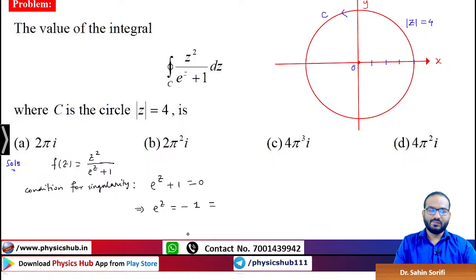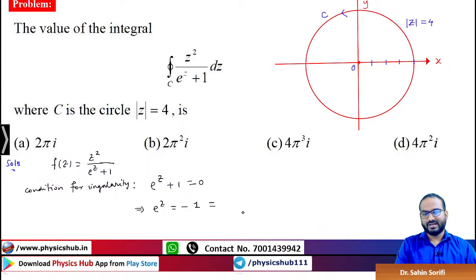For what value is e to the power z minus 1? If you take e to the power pi I, then it is minus 1. E to the power 3 pi I, then also it is minus 1. 5 pi I also minus 1. E to the power minus pi I, e to the power plus pi I, for both that value is minus 1, right?